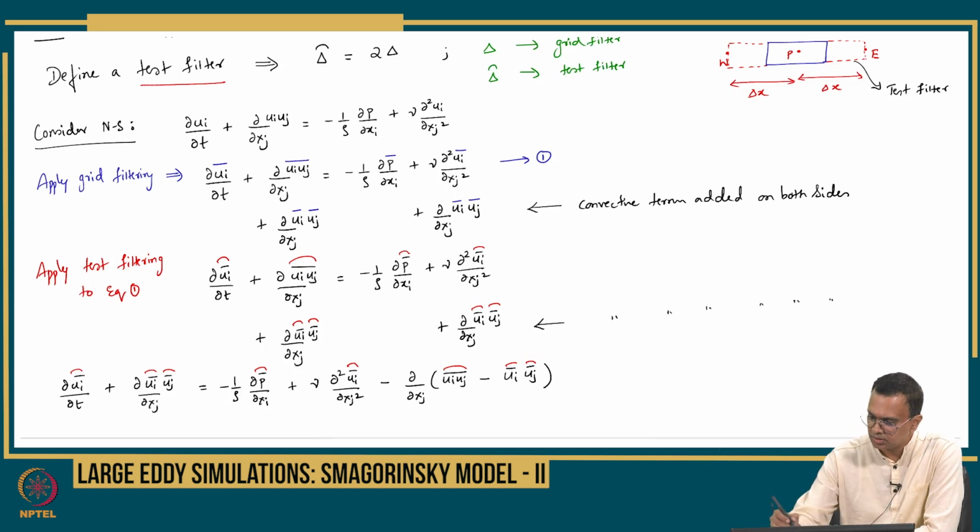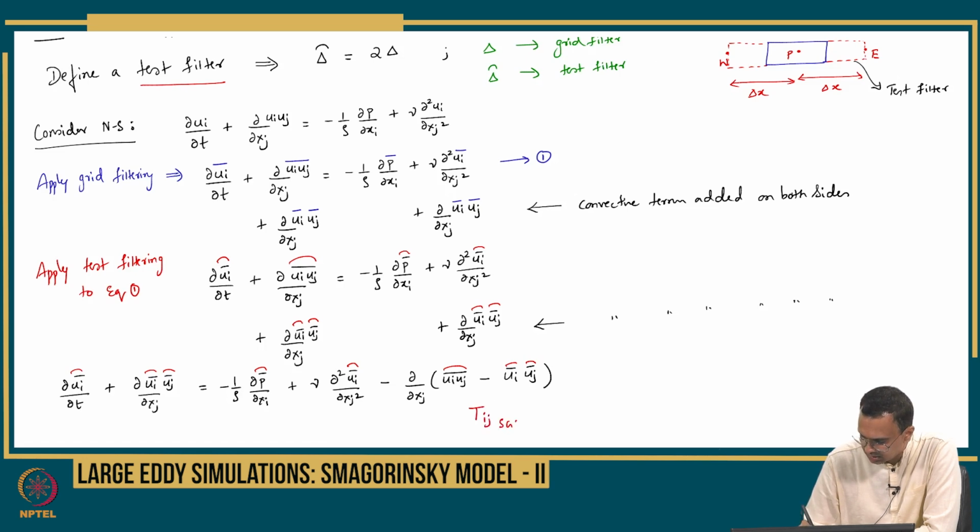Okay, so this is the stress at the test filter level. So I'll call this not tau ij but Tij SGS at the test filter level, this particular term here.